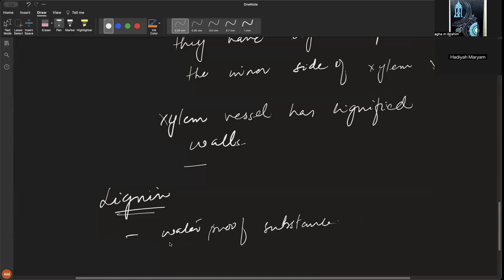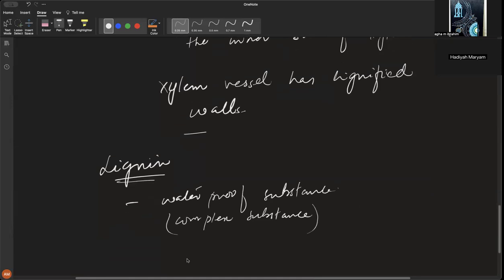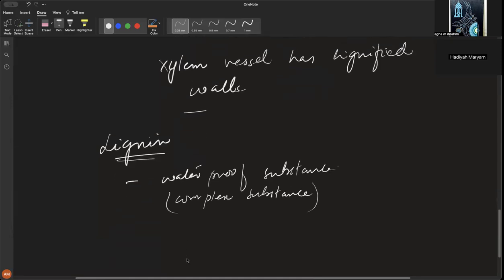It's a complex substance. Waterproof complex substance.